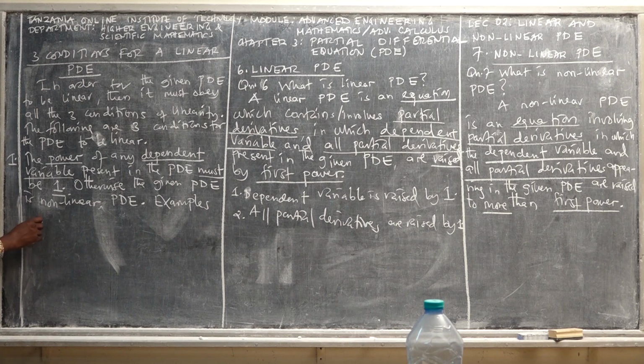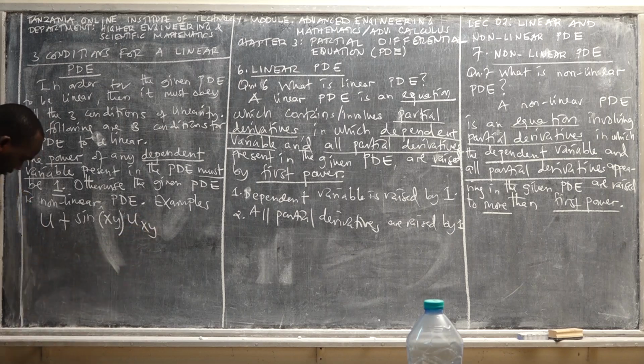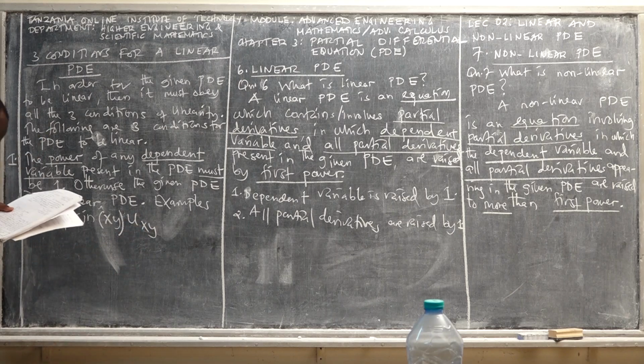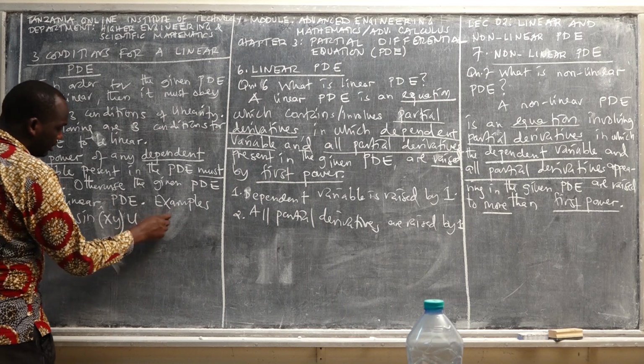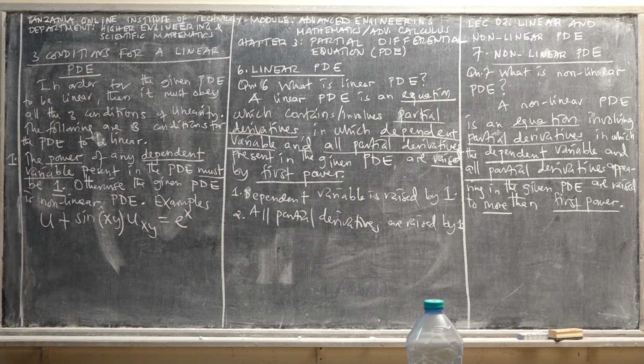So for example, we have u plus sin of xy, then uxy, and then this one is equal to e power x. So, is this partial differential equation linear or non-linear?